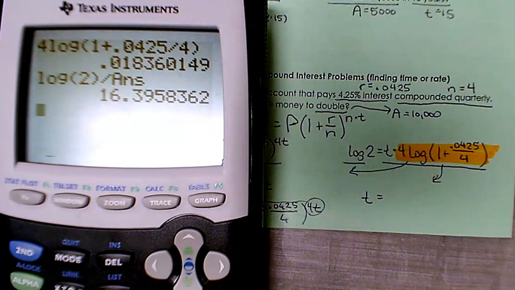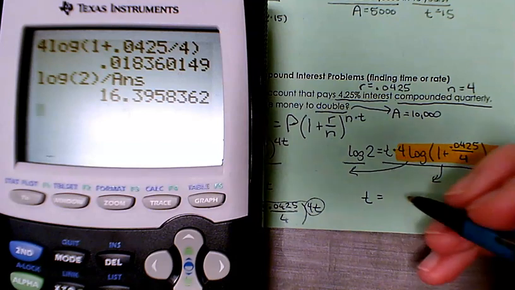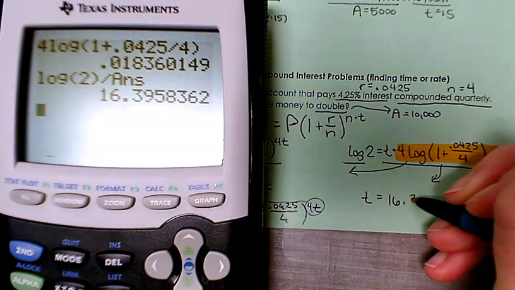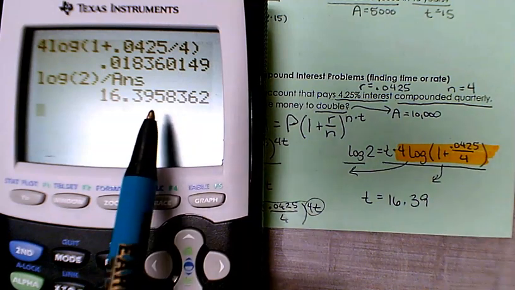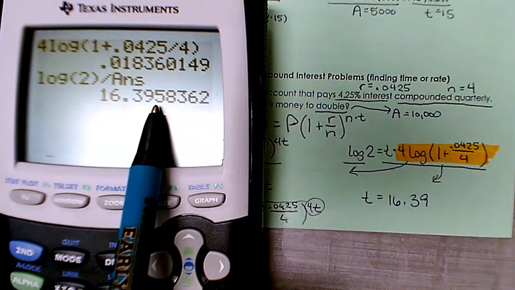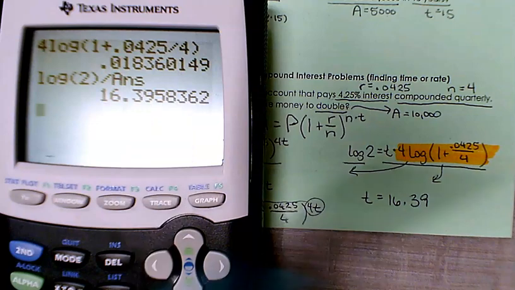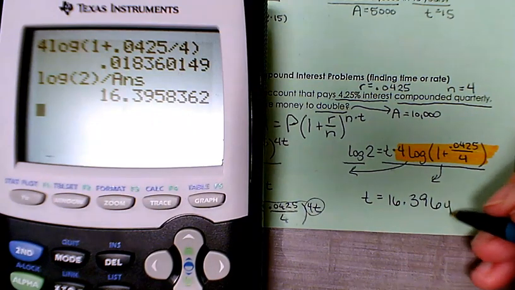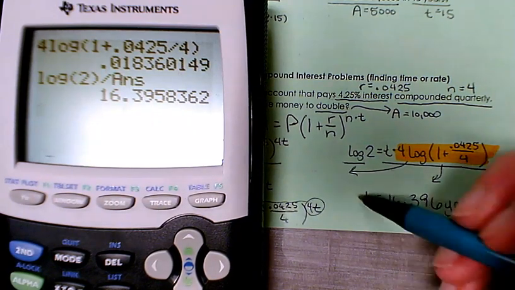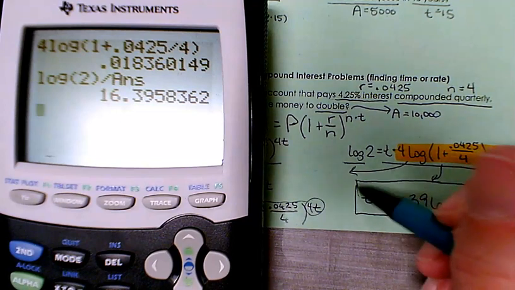It doesn't tell us what to round to, so if it doesn't mention it, round to whatever makes sense. So if it's money, 2 decimal places. But if it's anything else, maybe round it to like 3 decimal places. So 16.39. Tell me about this 5. It rounds up to a 6 because the 8 pushes that up to a 6. And then we're measuring this in years, correct? Okay.